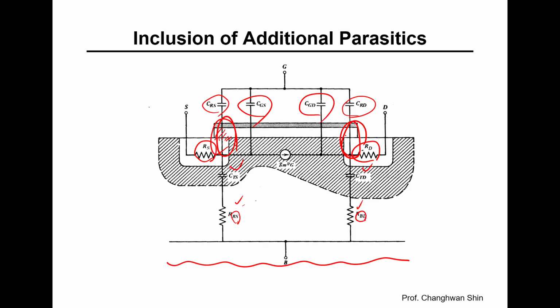The source and drain regions have finite resistance, Rs and Rd. Even though the source drain regions are heavily doped, source drain itself has its own resistance. And there are other PN junctions between these regions, right? From source drain to body.